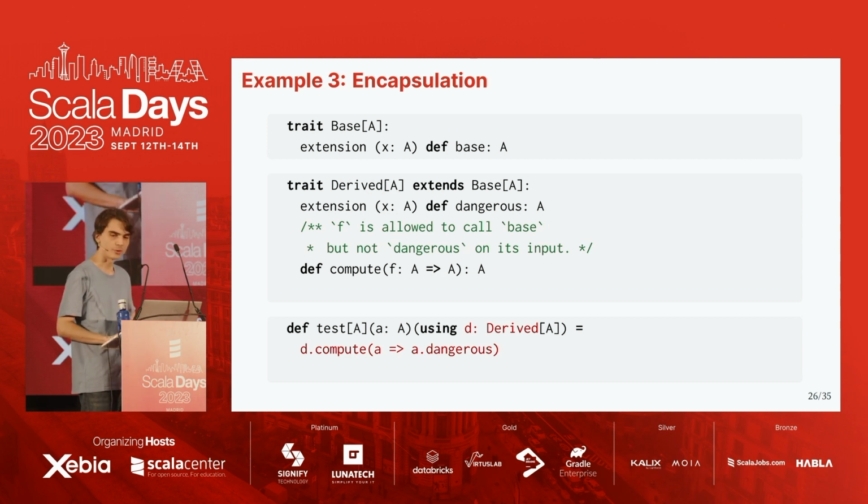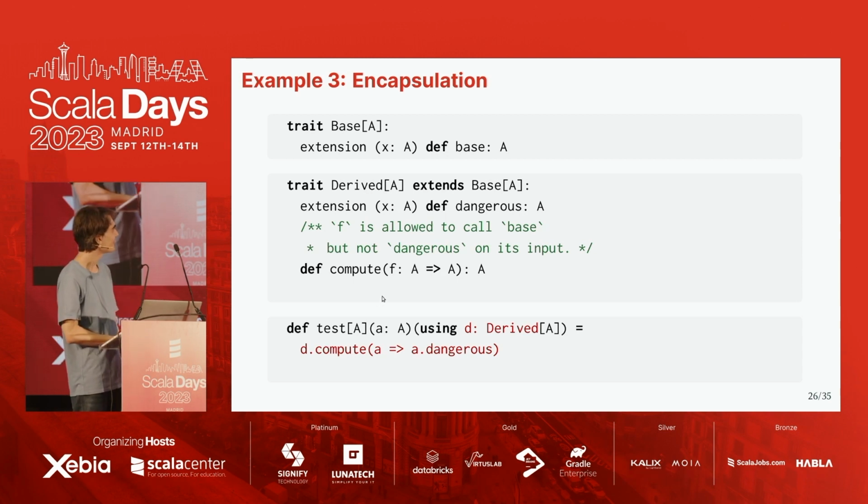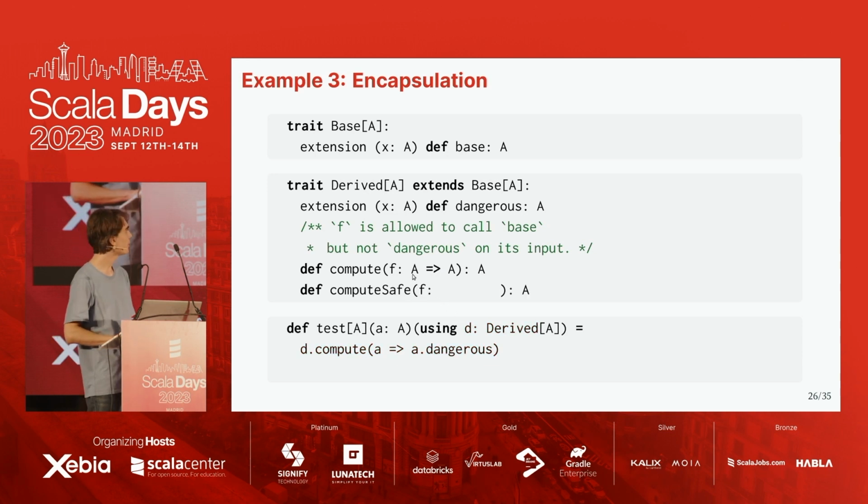So how can I do that? What I want to do essentially is hide some type information. So if I have an A, then I can do anything that's defined on A inside, so I can call dangerous on it. But instead, I want to put some different types here to prevent this.